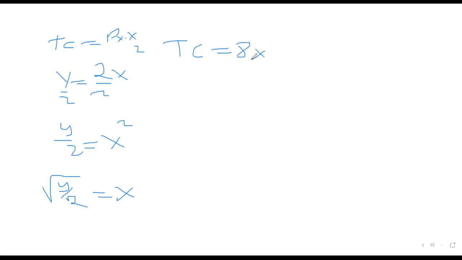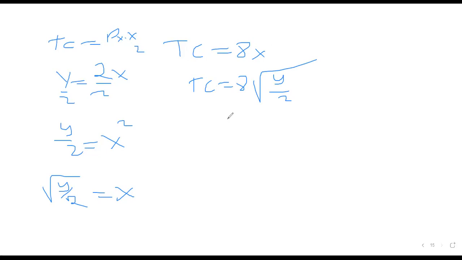Since we found the value of x, where there's x, we're going to put the square root of y over 2. Whenever we're square rooting anything, it's as good as the power half.